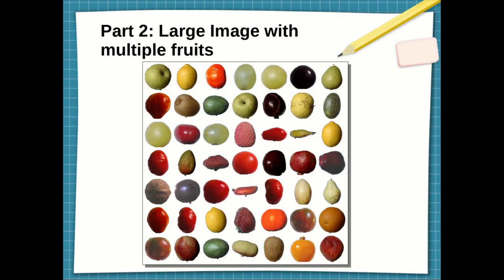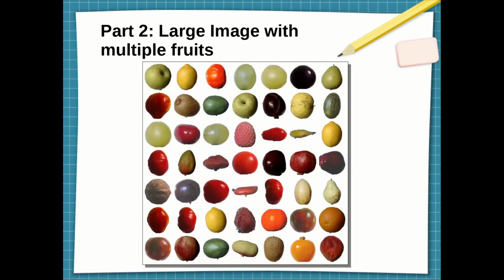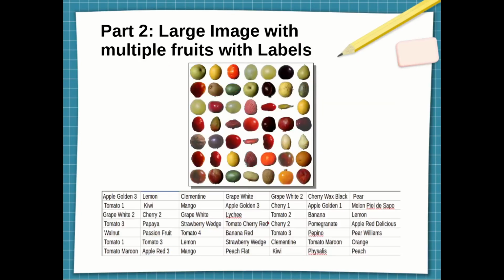So let's move forward. This is the same image, and this is the large image with multiple fruit labels. There is a 7 by 7 grid on the bottom that we can see. For example, the top left corner says apple golden 3, and the top left corner in the fruit image is indeed an apple, and next to that is a lemon.